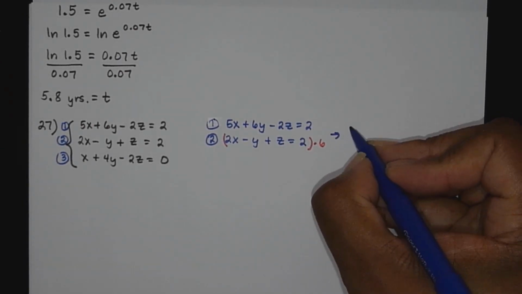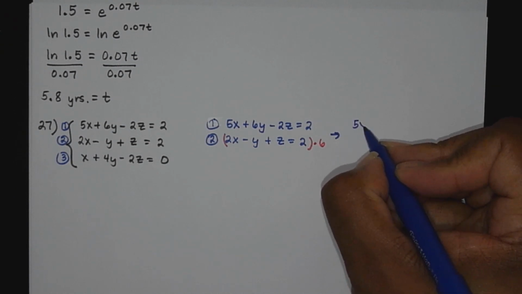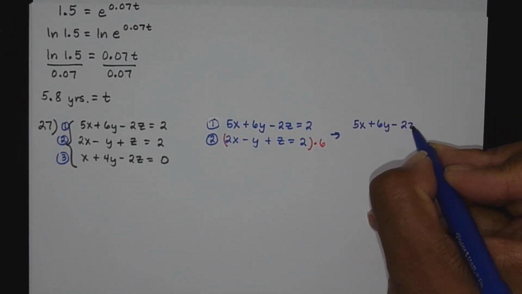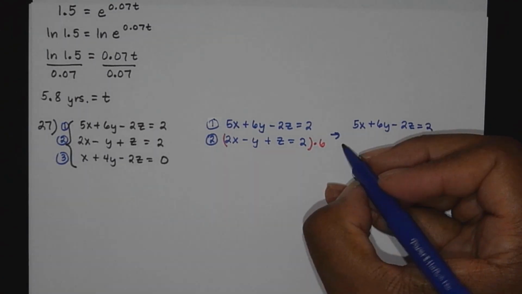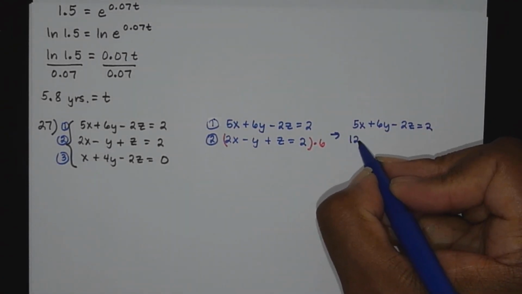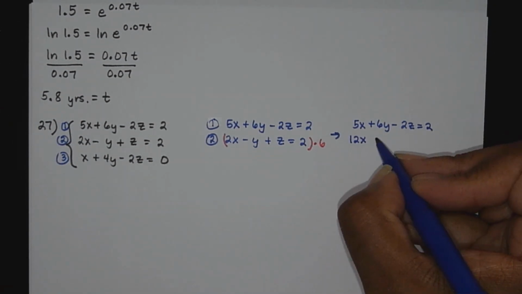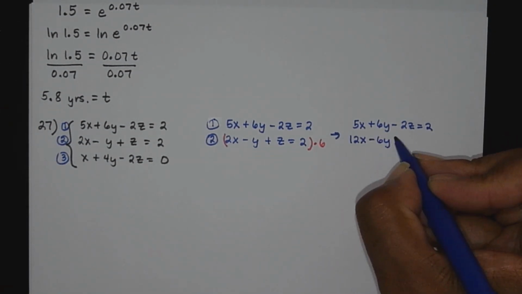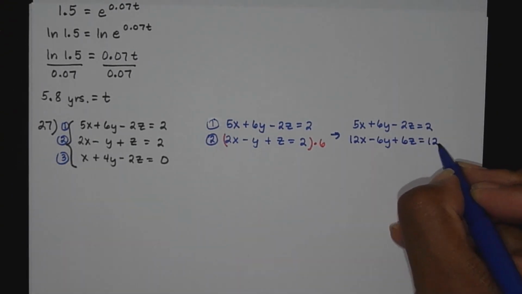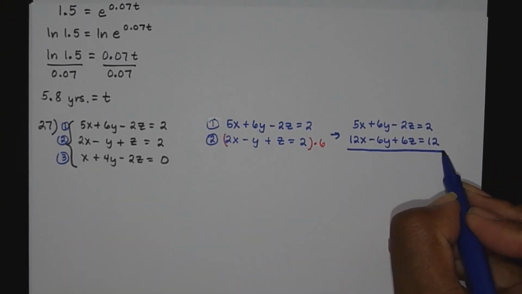Do that, I'm going to have 5x plus 6y minus 2z is equal to 2. The bottom equation, 6 times 2x will be 12x. 6 times the minus y would be minus 6y, plus 6 times z would be 6z, equaling 2 times 6, which is 12.